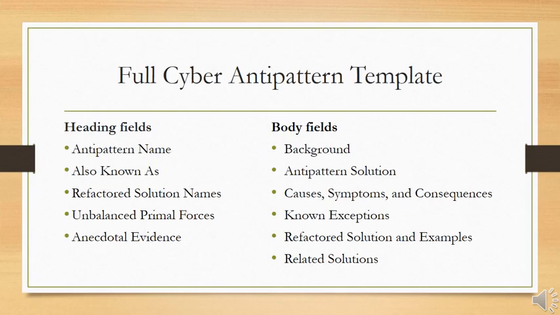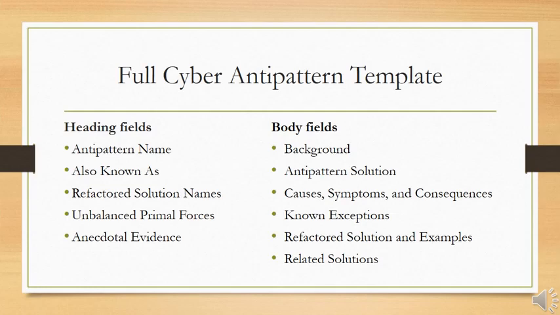Next we have the body fields in the full cyber antipattern template, which includes first, background. This is an optional field that provides contextual explanations that are potentially useful or of general interest but are not central to the antipattern and its refactored solution.